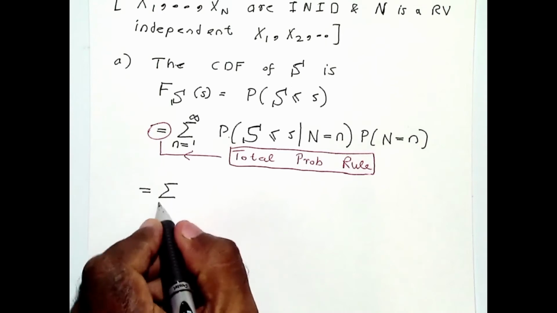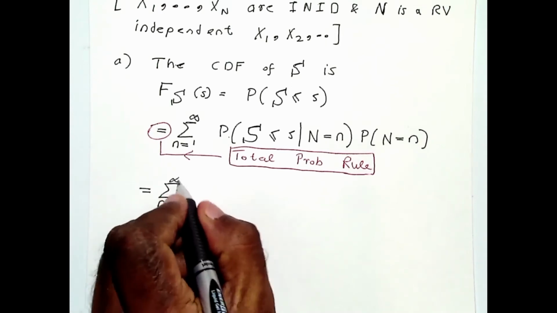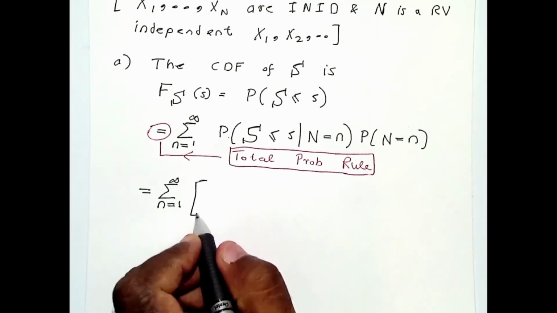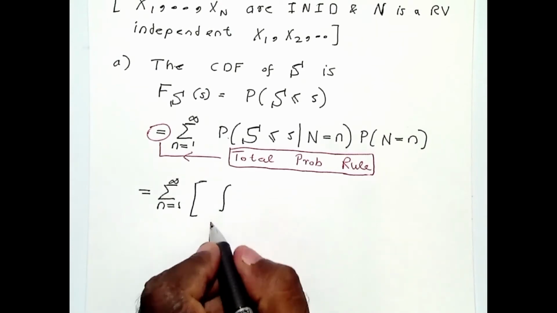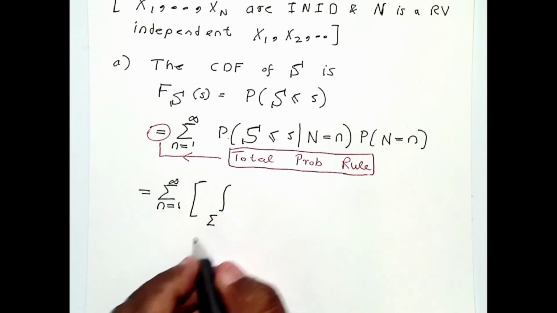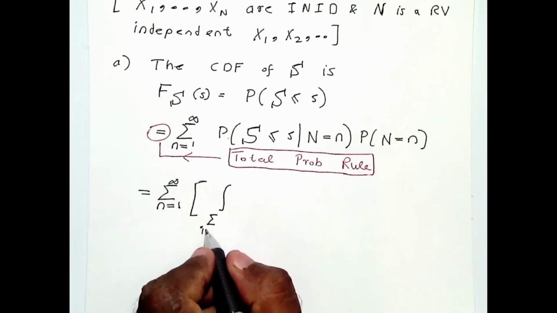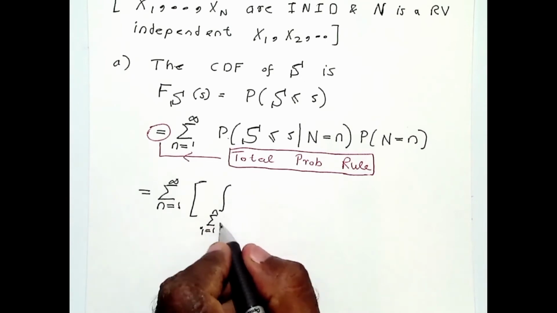So I'm going to replace the conditional probability by the formula that we got for the distribution function of S in case 3.